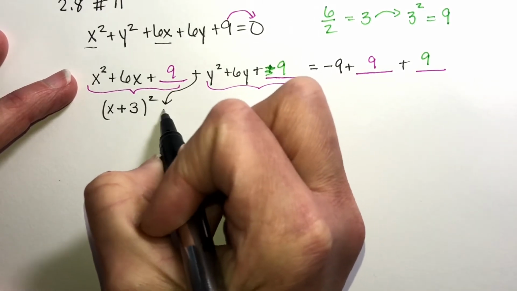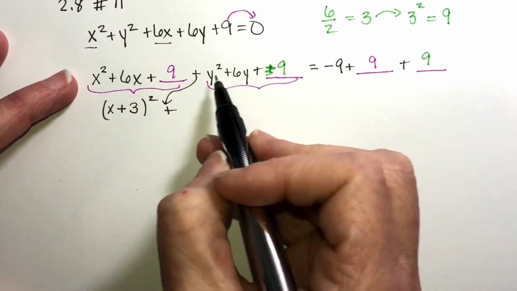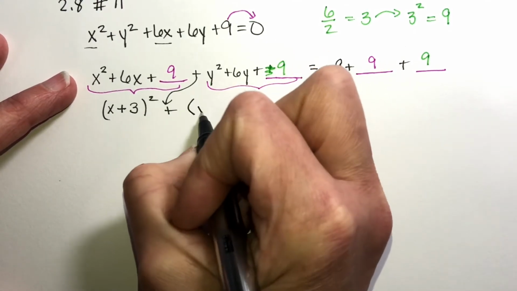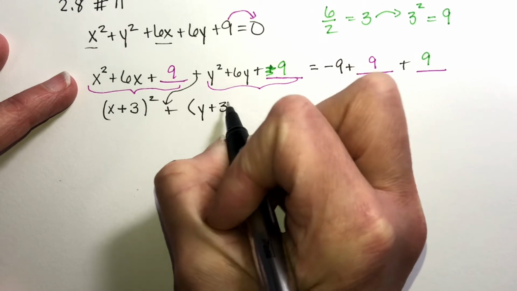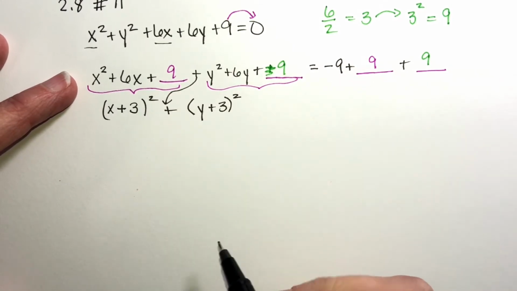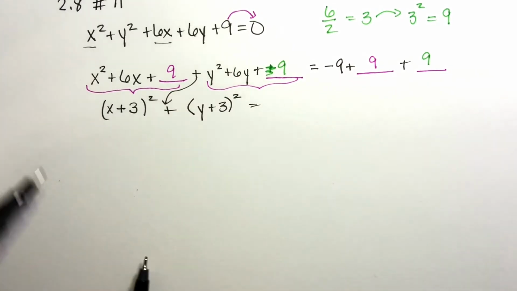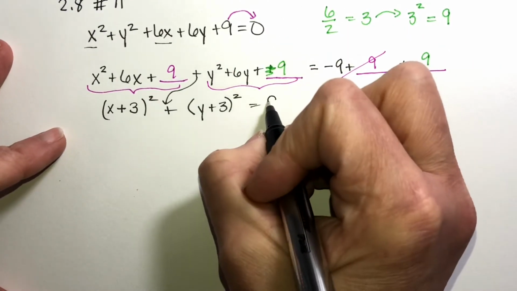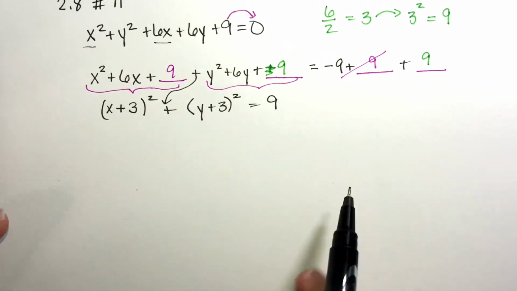Keep this plus sign right here. And this happens to be the same thing except y instead of x, so it's going to factor the same way. Okay, and this is going to equal, now -9 and 9 canceled out, so I still have a 9.